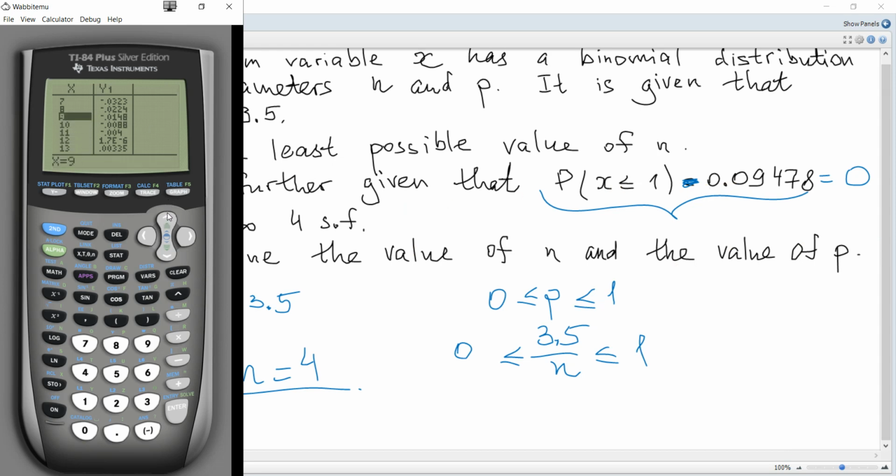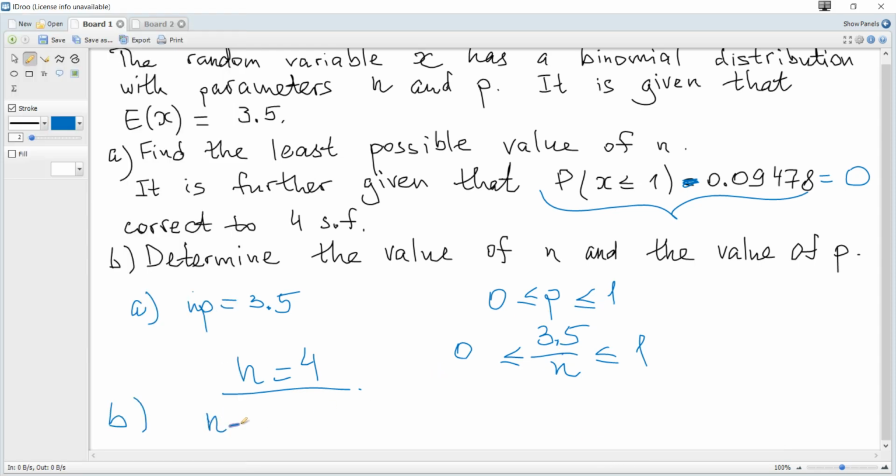And we can see that for x is 9, it's negative, and it's positive, and it's 10 to the negative 6, so it's very close to 0, so it's the required value. n is 12, so that this function is equal to 0, so n is 12, and hence p is 3.5 divided by 12.